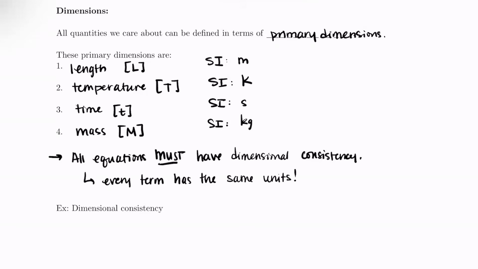All right, so if we have some expression that is A equals B plus C, it would be physically meaningless if A has units of meters, B has units of meters, and C has units of meters per second squared, right? What does that even mean? So we need to make sure that each of these terms, A, B, and C, all have the same units, okay?